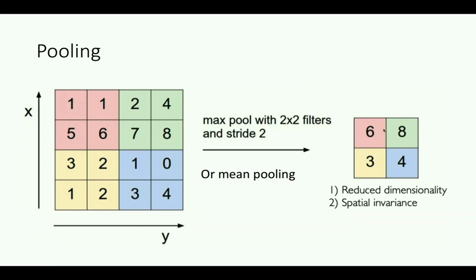So if we're doing max pooling, for each of these pools we take the max value out of the 4 in this feature map, and we only keep that one in the next layer. So we effectively reduce the dimension from 4 by 4 to 2 by 2.